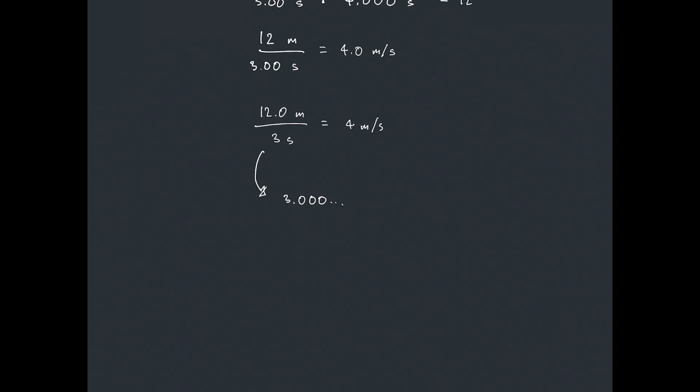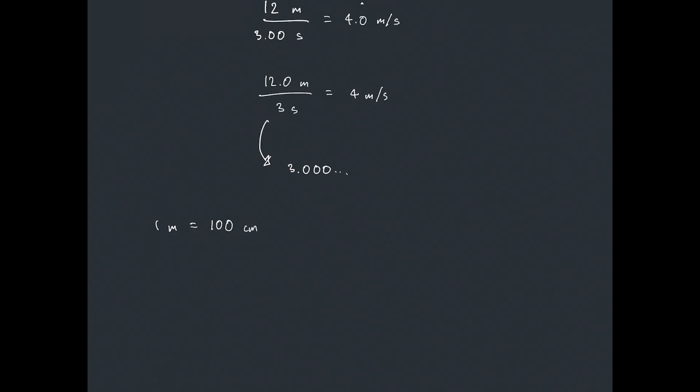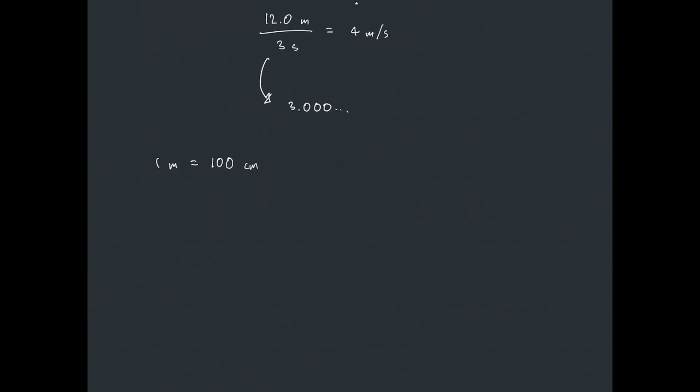So numbers derived from, say, definitions or exact counts. For example, 1 meter equals 100 centimeters. That has infinite sig figs. And when you're performing calculations involving such numbers, then they don't affect the number of sig figs in the result.